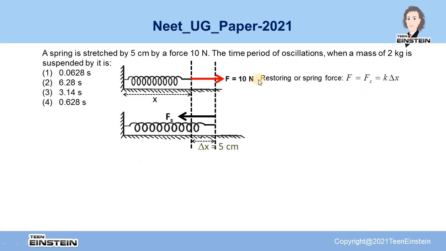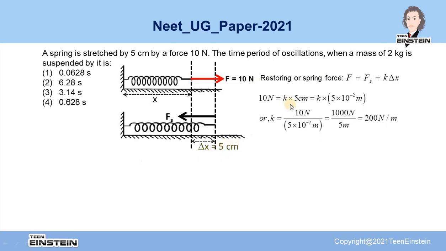And in the given problem, F is 10 Newton and delta x is 5 centimeter. If we write that, we get this equation. But here the spring constant K is not given for the spring. So if we solve for K, we get the spring constant as 200 Newton per meter.